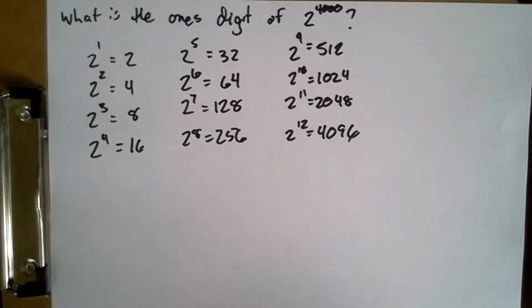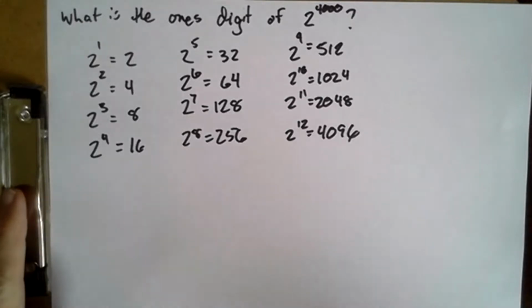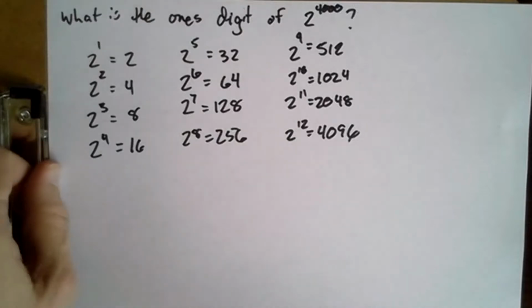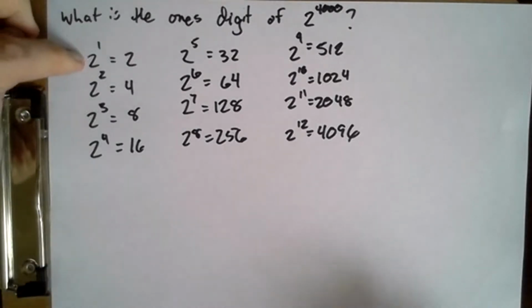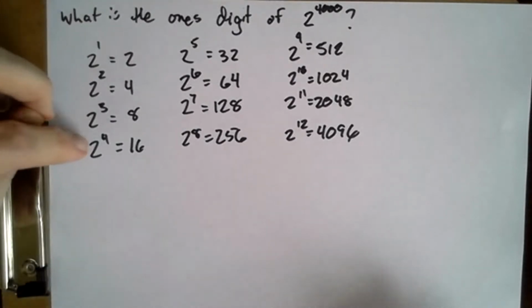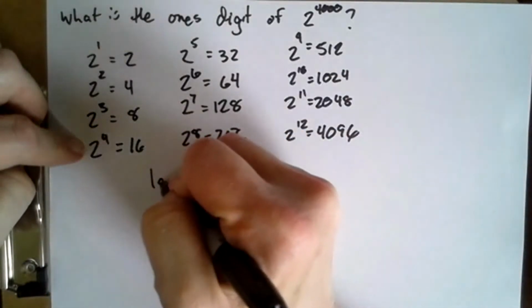And what we mean by mod 4 is what is the difference between 4000 and the next and the closest without going over a multiple of 4. And 4000 is a multiple of 4. So we can see that it must have a last digit of 6.